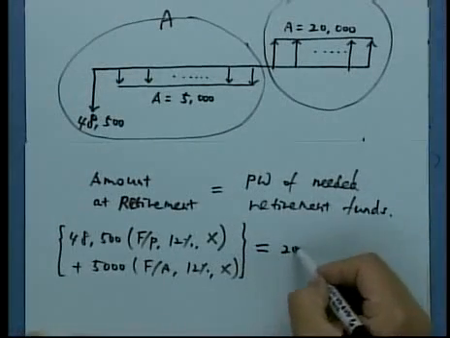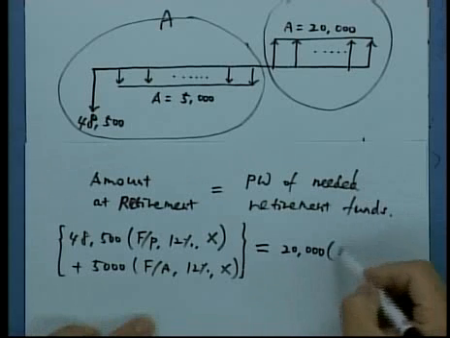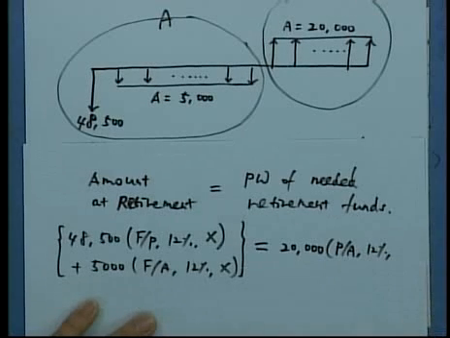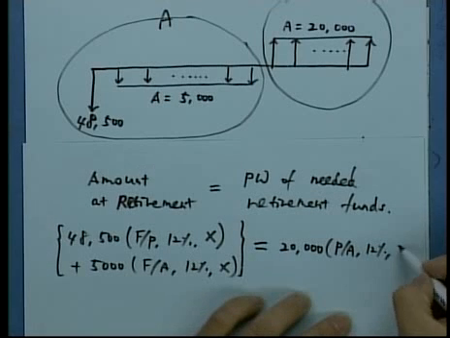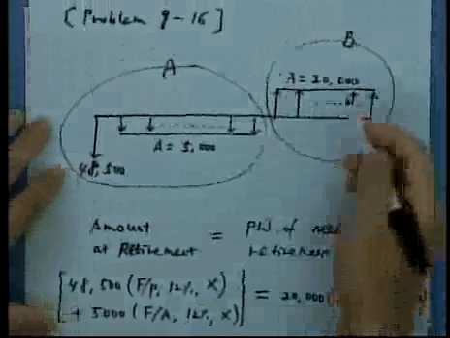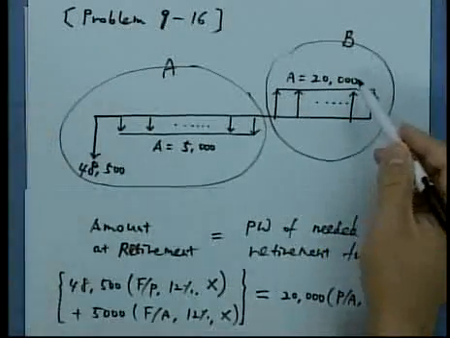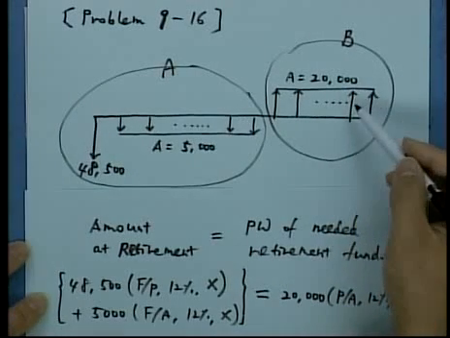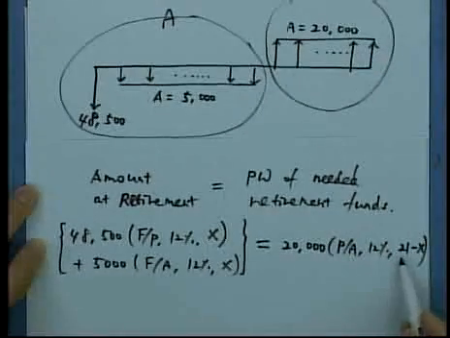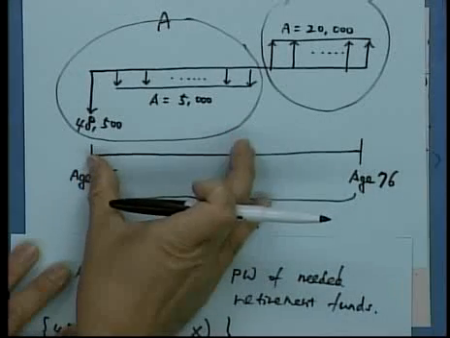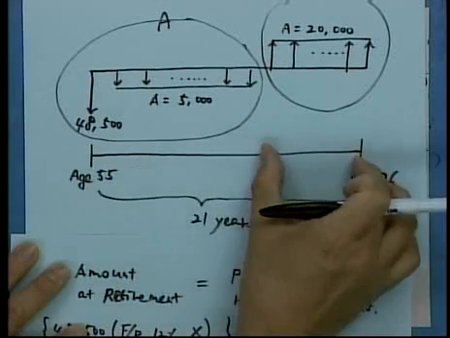So that's going to be 20,000 times P given A, 12% over how many periods? 21 minus X periods. Because here we're going to receive this annual fund of $20,000 from his retirement plan for 21 years minus X years, which is this amount.